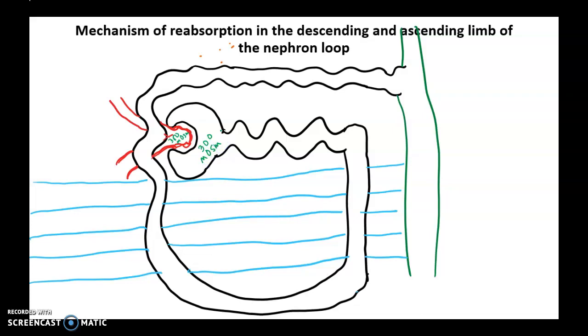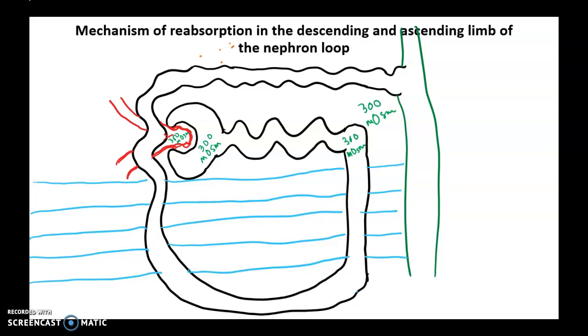At the end of the proximal convoluted tubule, the concentration of the filtrate is 300 milliosmoles as well, and that is equal to the concentration of the fluid in the interstitial space. So in the interstitial space also, the concentration is 300 milliosmoles. Okay, that's something to know.